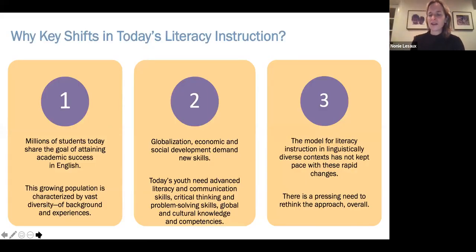And let me shift gears to the main part of our discussion today, which is, as we think about the model for literacy instruction and the ways perhaps it hasn't kept pace with these rapid changes, what do we think about when we say there's a pressing need to rethink the approach overall? So I'm going to zoom out big, and then I'm going to get a little more specific as we go along.